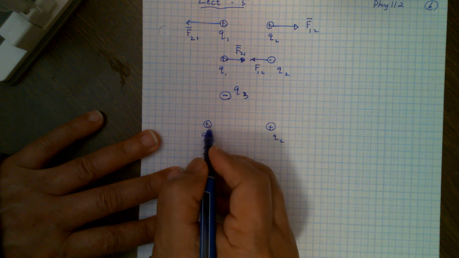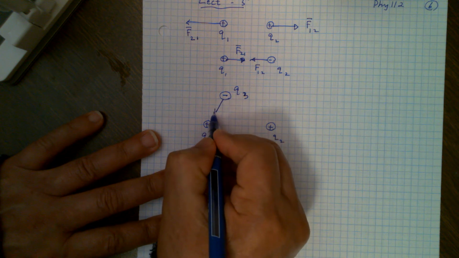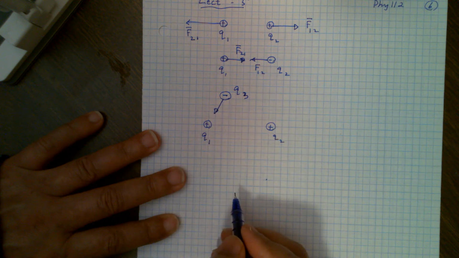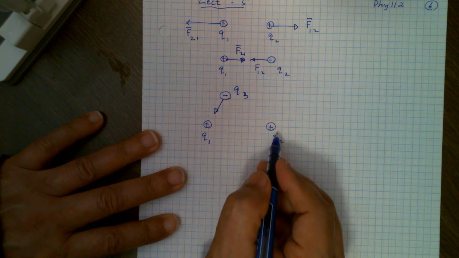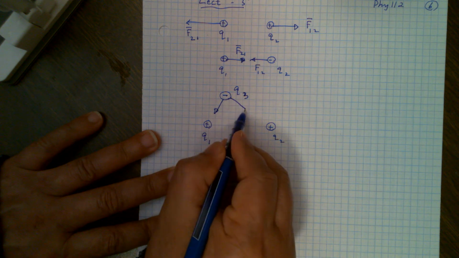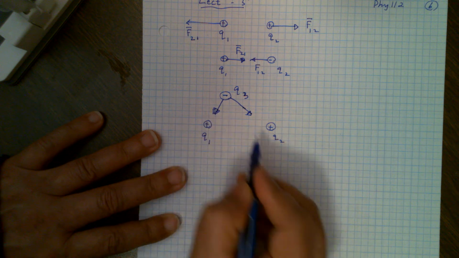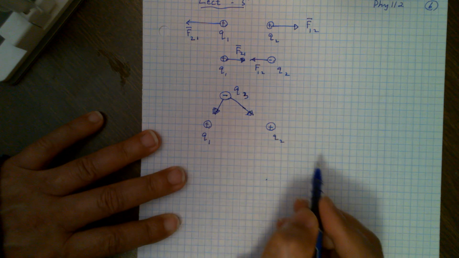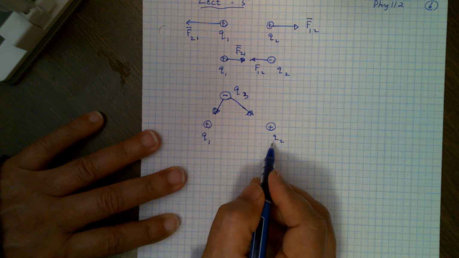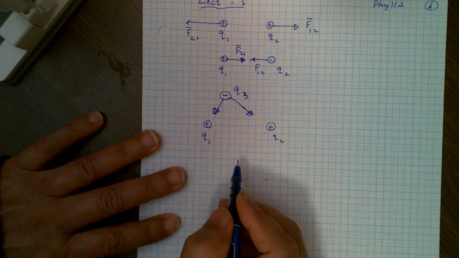Well, this is positive charge, this is negative charge, so it's going to attract in that direction. It will pull, and this is positive, this is negative, so it will also pull in that direction. Depending on the distance and the magnitude of the charges, the magnitude of the forces will be different, right?